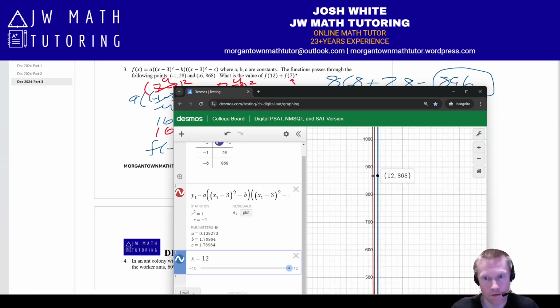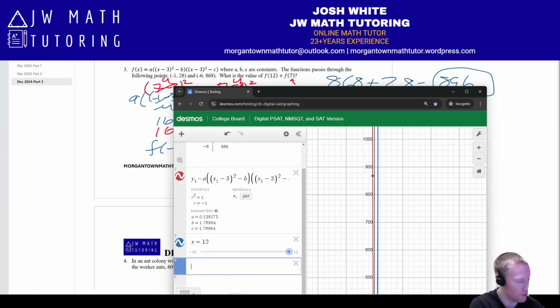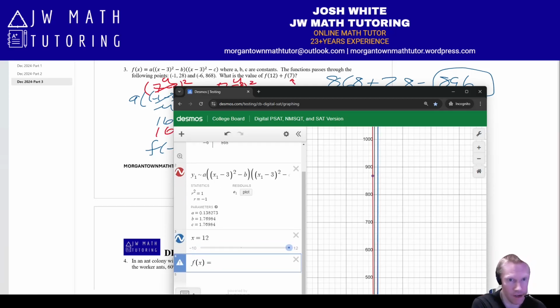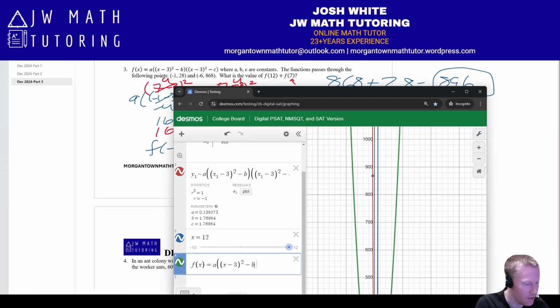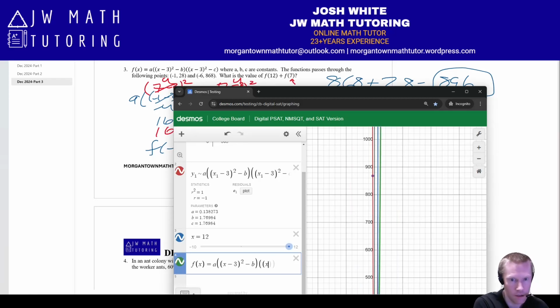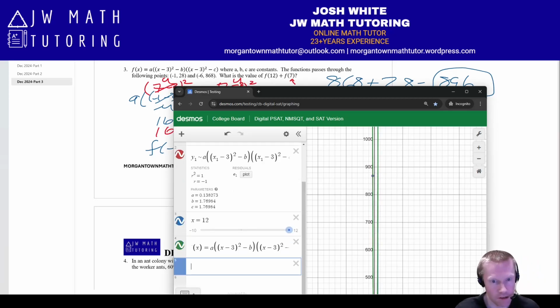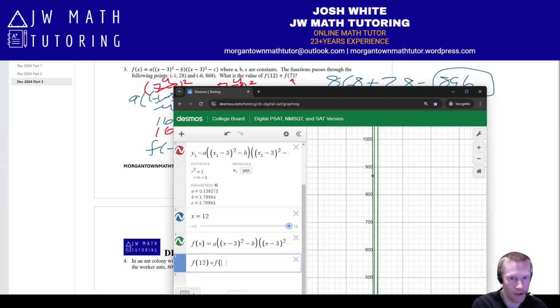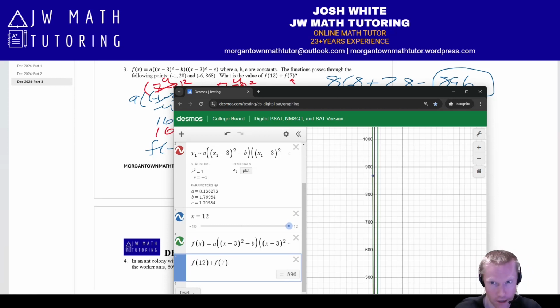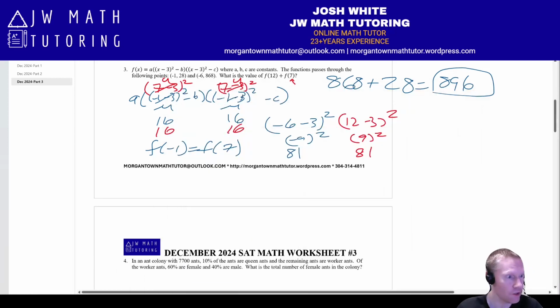You can find it eventually, but you could also just retype the function like f of x equals a parentheses x minus 3 squared minus b, x minus 3 squared minus c. Okay, it's going to carry the a, b, and c values all over, and then you could just do f of 12 plus f of 7, 896, that's our answer. So that's how you could do this entire problem in Desmos.